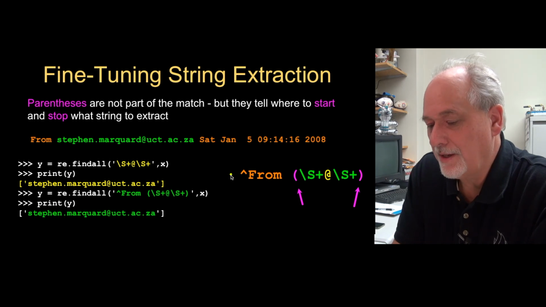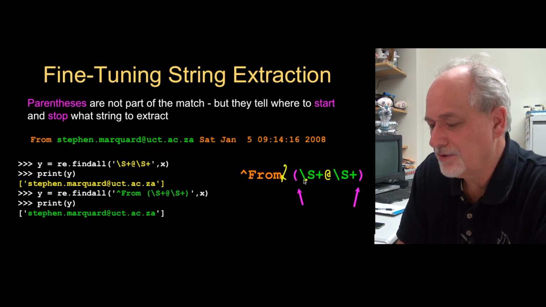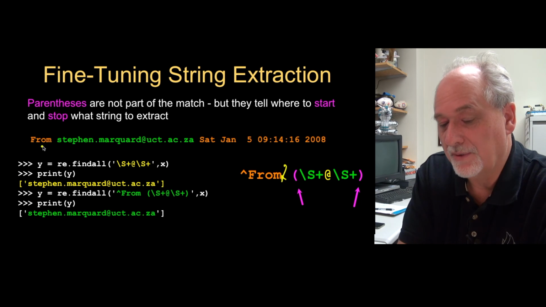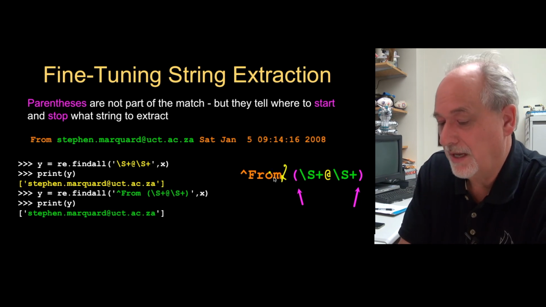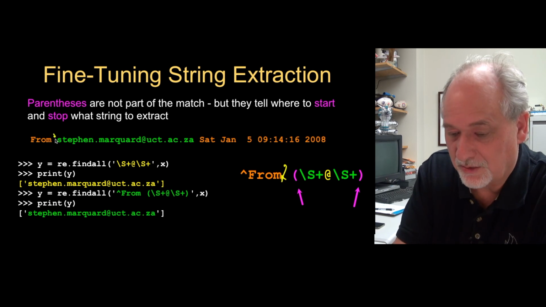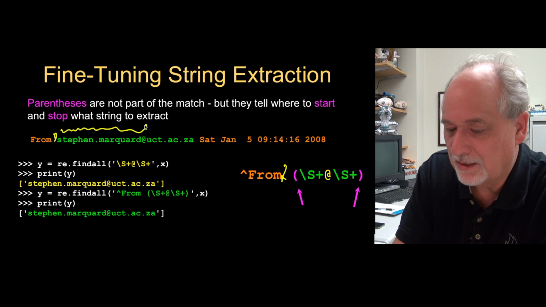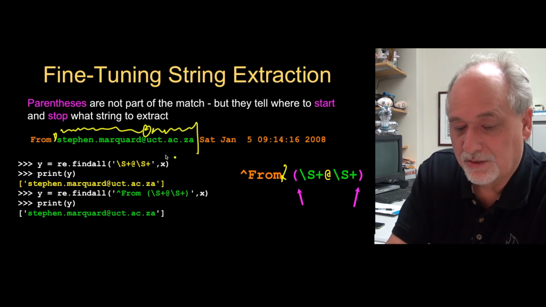We want to match from at the beginning, followed by a space, followed by, ignore the parentheses for the minute, 1 or more non-blank characters, followed by an @ sign, followed by 1 or more non-blank characters. So if there's no from, it's not going to match, right? It demands the from is here, so it matches that, and the space is demanded as well. And then it says, oh, non-blank characters, great. I got an @ sign, great. Non-blank characters, oops, stop there. And so this is what's going to match.